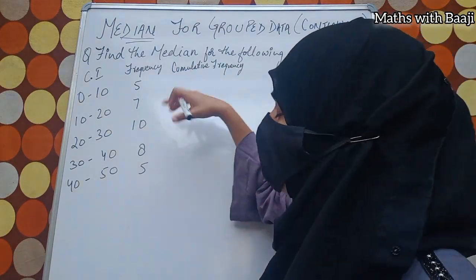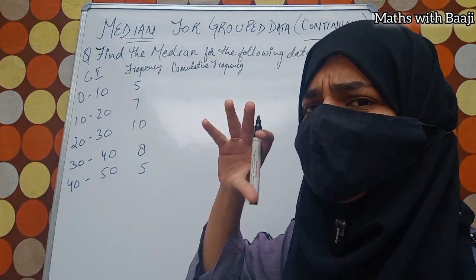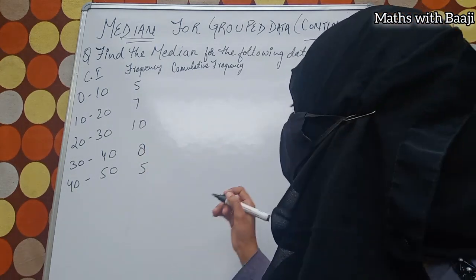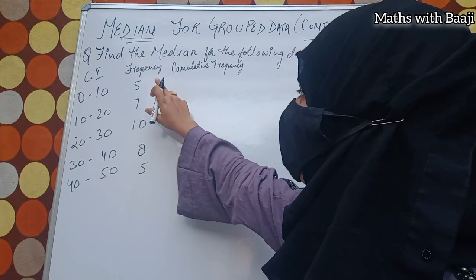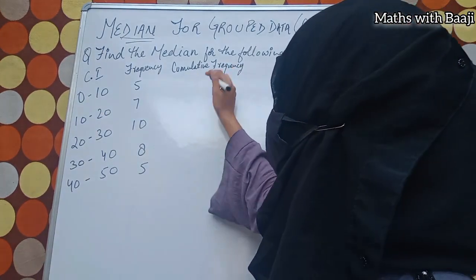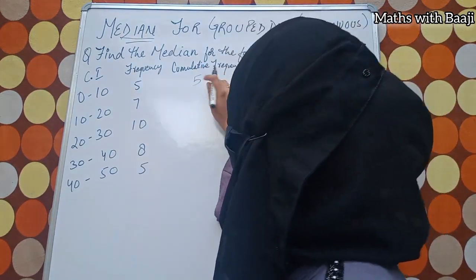So cumulative frequency is not a big topic, no big discussion. What are the frequencies given? First is 5, so I'll write 5 over here. I don't know why the marker is not working.